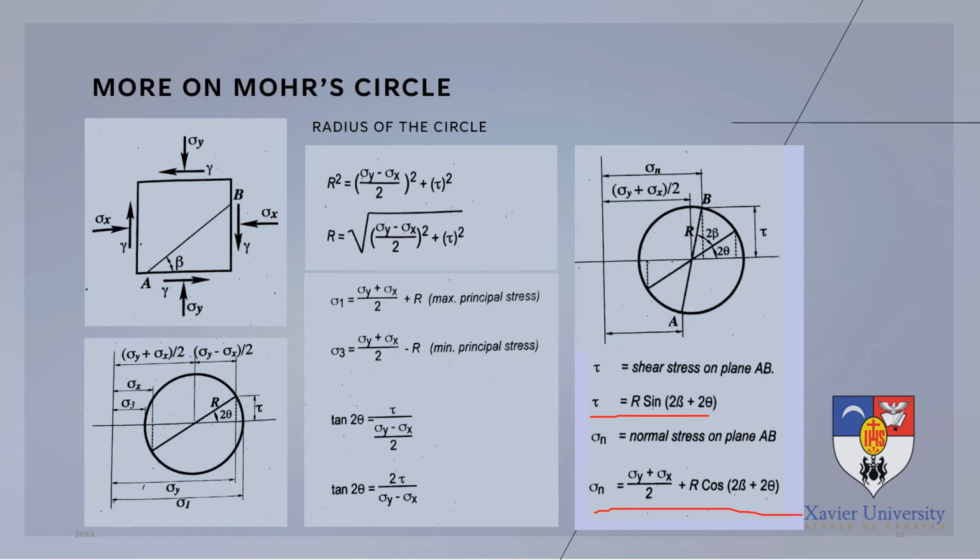You have the freedom to just memorize these equations, so that later on, using the given values of sigma y and sigma x, you compute the value for our radius using this equation, which can also be derived using the given values for sigma y, sigma x, and our shear stress. Our 2 beta and 2 theta as well can be taken from our Mohr circle. These are these angles.